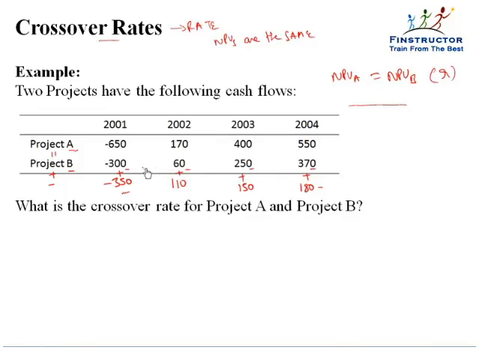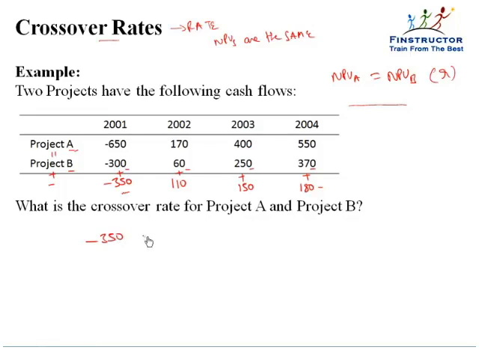Because whatever be the discount rate, project B's NPV would be the present value of these cash flows. So the question now remains: what is that discount rate that would make the NPV of these highlighted differences 0?